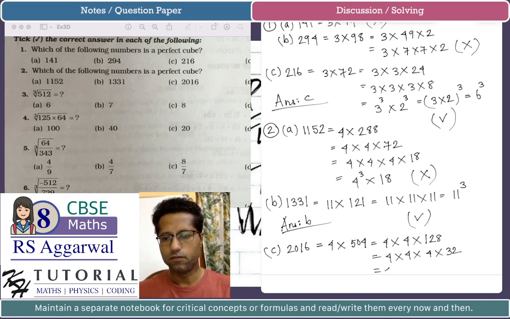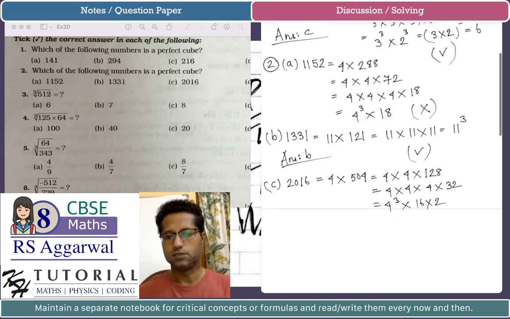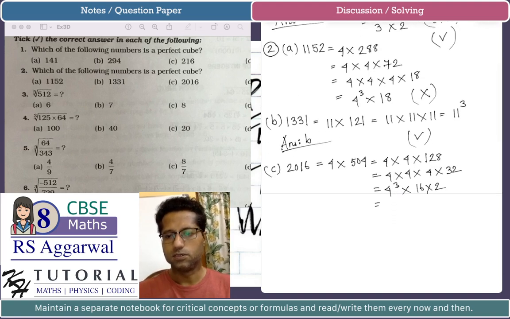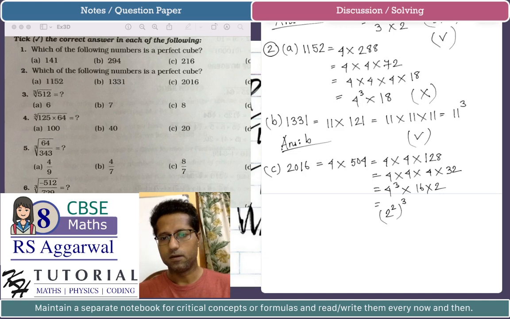And this is equal to 4 cube multiplied by, we know 32 is 16 into 2. Now 4 is 2 square. If you can convert the given number as powers of some prime factors, and all the powers are multiples of 3, then you can say that the number is a perfect cube.